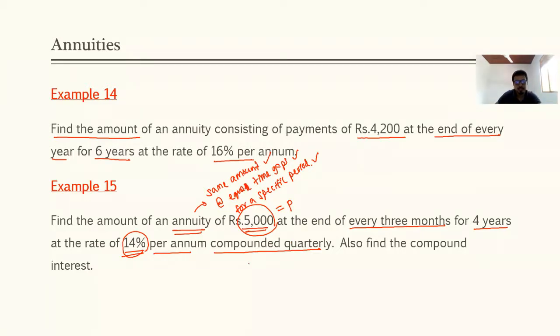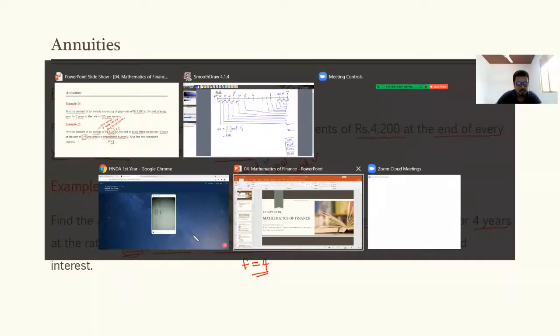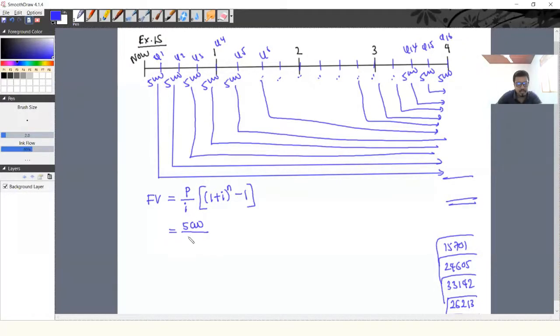We need to consider the value of F. If it is compounded quarterly, the value of F is 4. So it should not only be I, it should be I over F. It means 0.14 over 4.